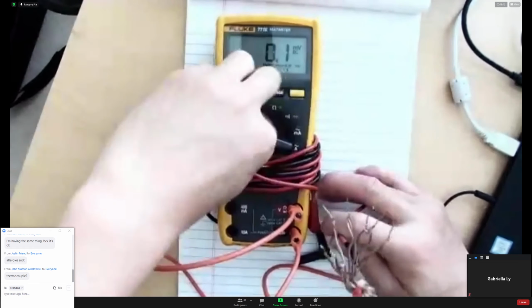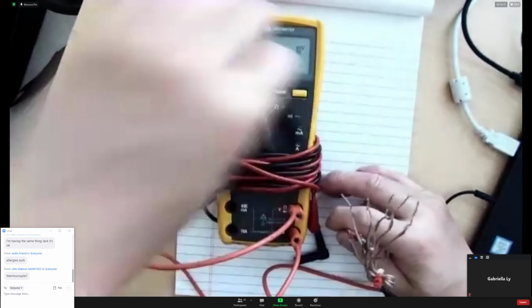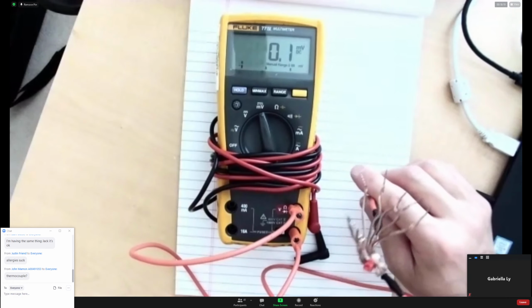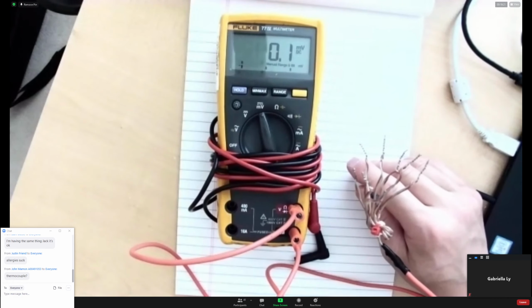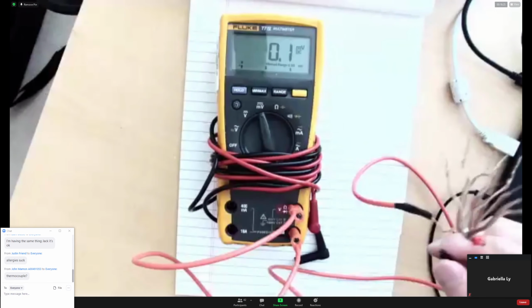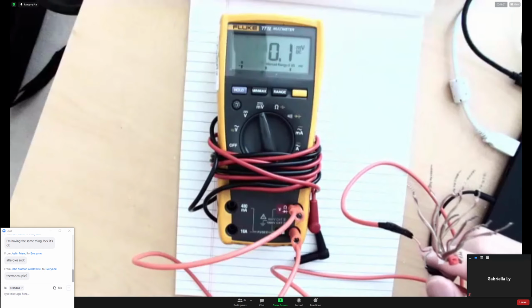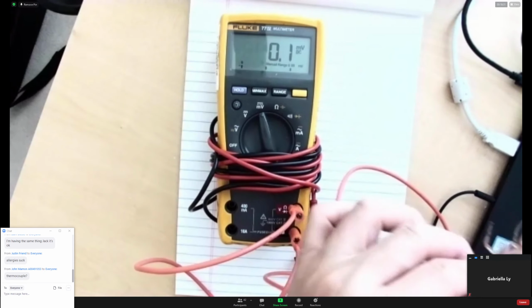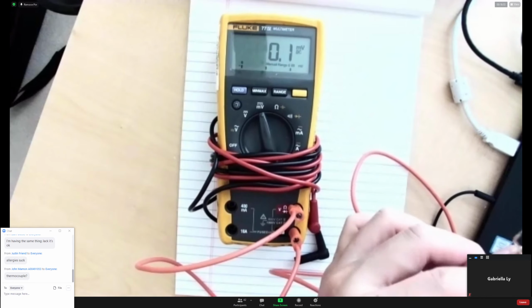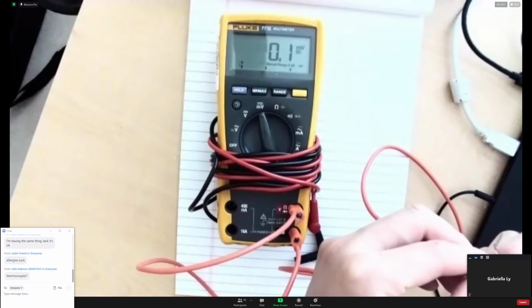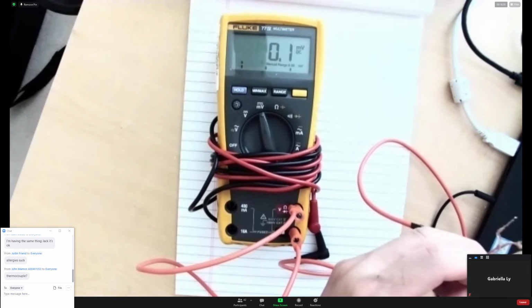We wire them in series, going from one to another, and leave them open down here.